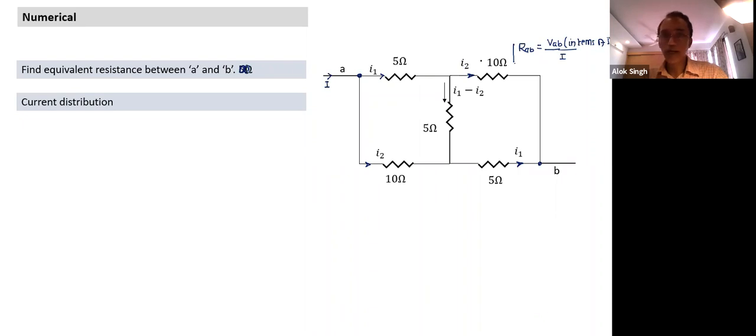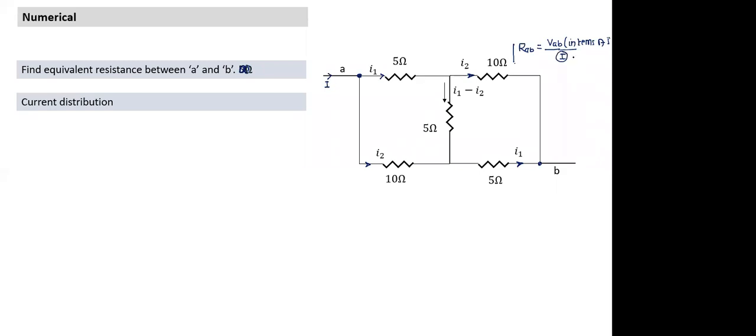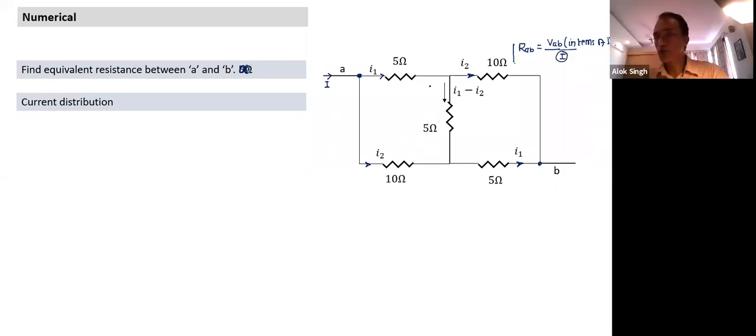What is the total current entering junction A? I1 plus I2. So I'm getting two terms, I1 and I2. How do I get rid of them? I need an equation giving a relationship between I1 and I2. How do I get that? By applying Kirchhoff's rule in one loop.